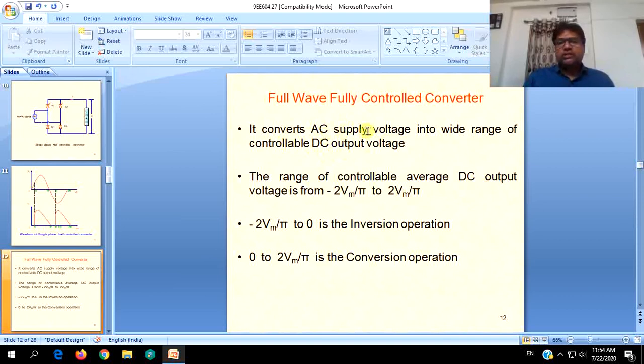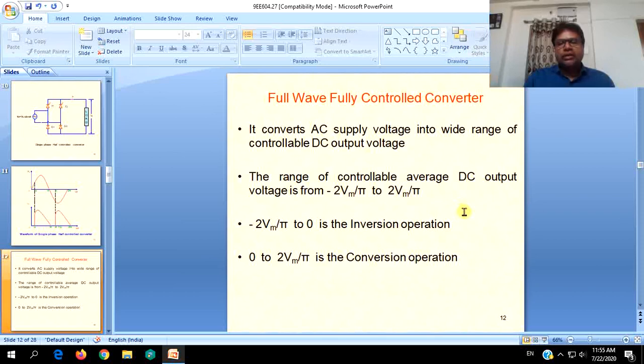It converts AC supply voltage into a wide range of controllable DC output voltage. Again, this AC can be constant AC also, and we will be discussing only sinusoidal AC. The range of controllable average DC output voltage is from minus 2Vm/pi to 2Vm/pi.